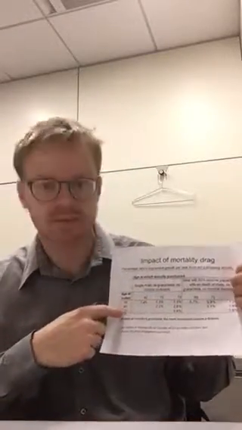And at age 75, it's higher again. And as we can see, the older the person is, the higher is this impact of mortality drag. So at older ages, you're given a higher premium for purchasing this annuity. So it's a tricky concept to understand. I just want to check if the audience has any questions so far.